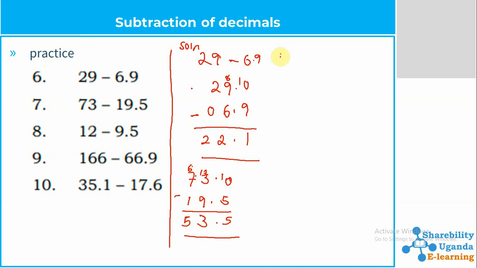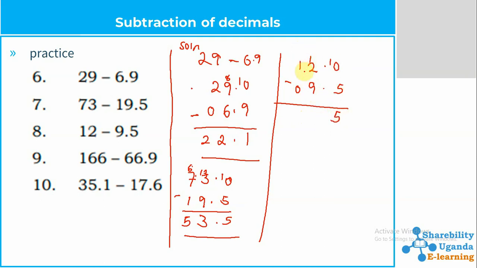So we proceed to another number, which is 12 minus 9.5. So this should be a 0, and this should be point, also 0. We subtract. Here we remain with 1, then this becomes 10, this becomes 5.